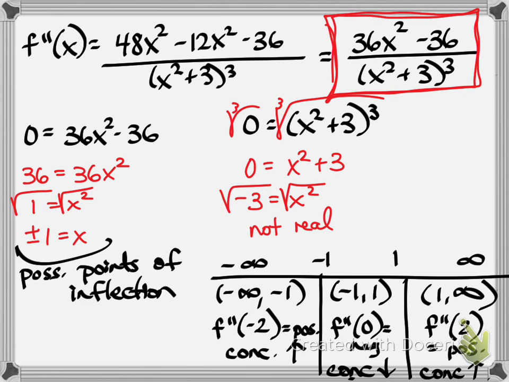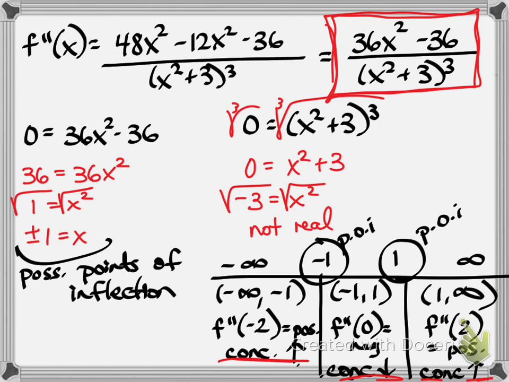And so since concavity did change from concave up to concave down, this is a point of inflection. And since at 1 concavity did change, it's also a point of inflection. So normally it feels like it does alternate, concave up, concave down, concave up, but it doesn't always.